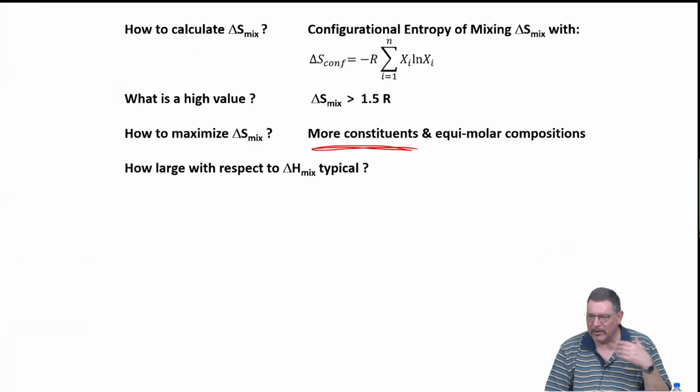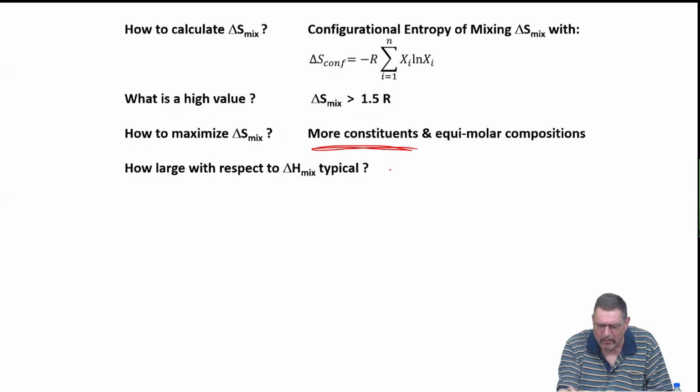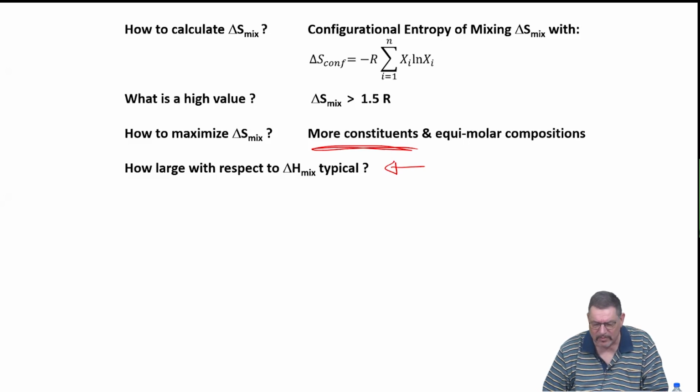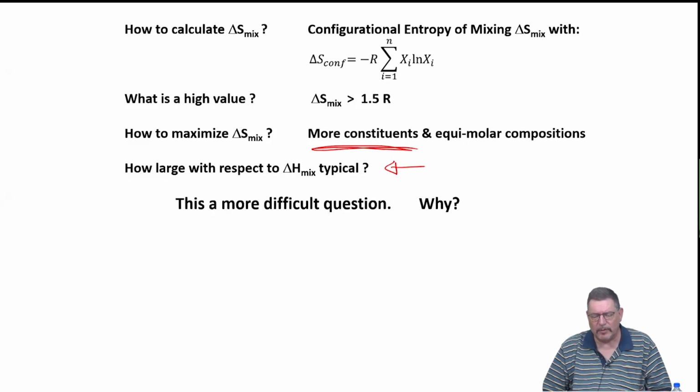You have seen the mixing entropy peaking at equimolar values, so you have to add constituents, but you also need to add them in rather equimolar concentrations. At some point it's no longer possible because you run into some phase space where other phases will be more stable.